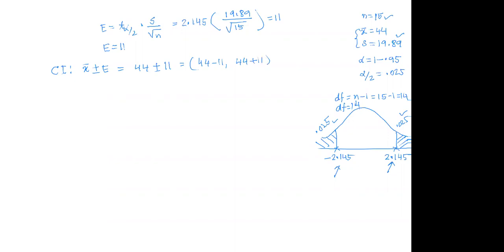That, by the way, is 33 to 55. So according to your calculation, the average number of minutes that students spend per day on Facebook or any social media is somewhere between 33 and 55. And how confident are you in your calculation? It's 95% confidence.